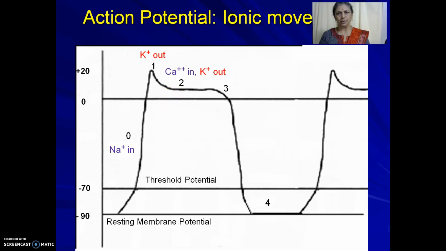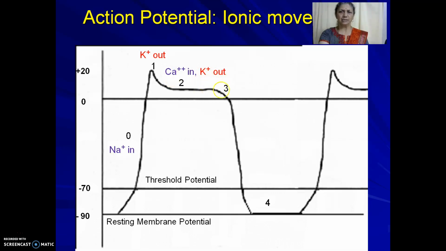The process of repolarization has started. In between, we have a plateau phase, because during this phase, positive charge is going in as well as an equal amount of positive charge is going out. So there is no difference in the membrane potential. It remains stable for a while.